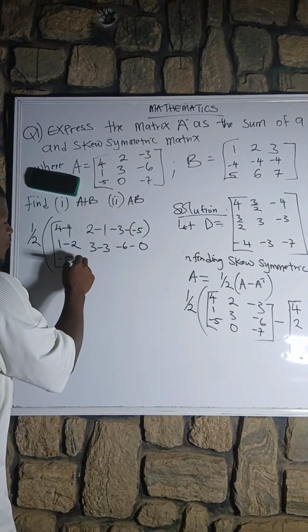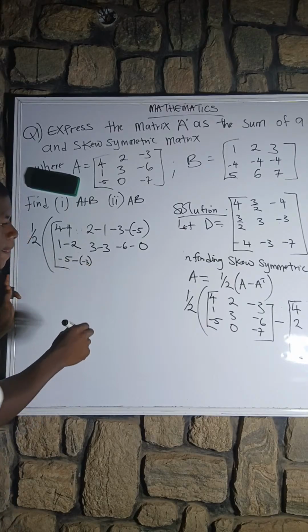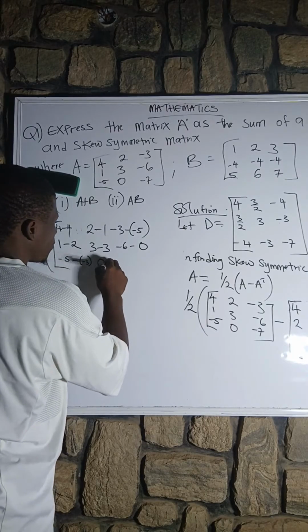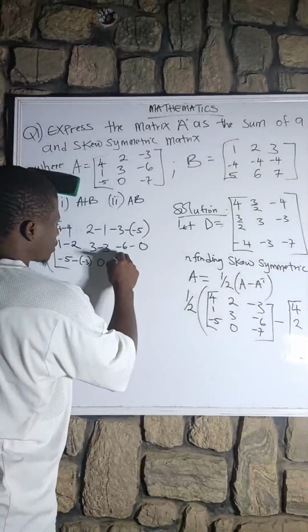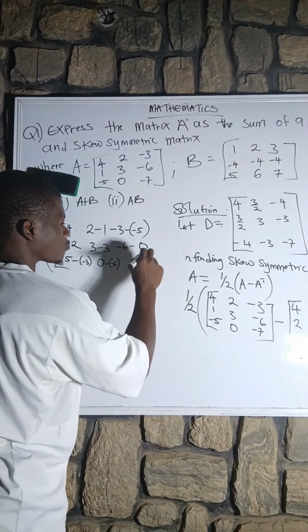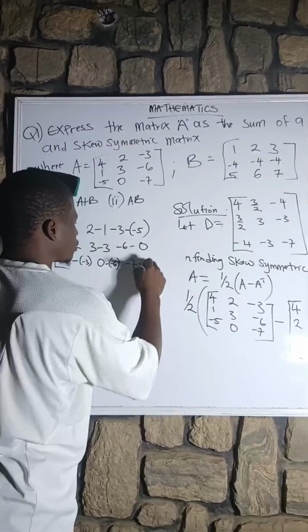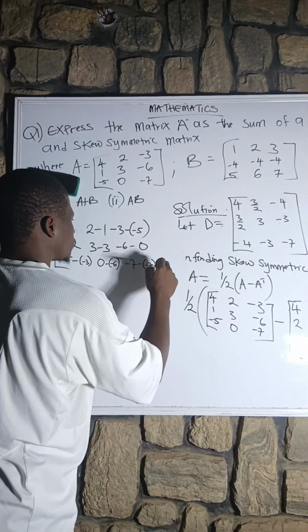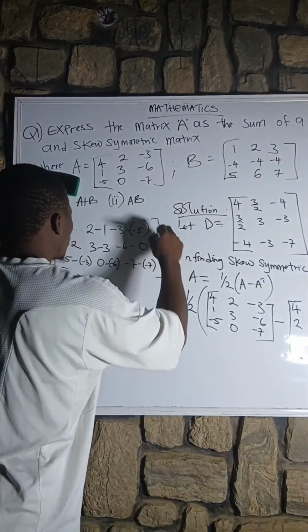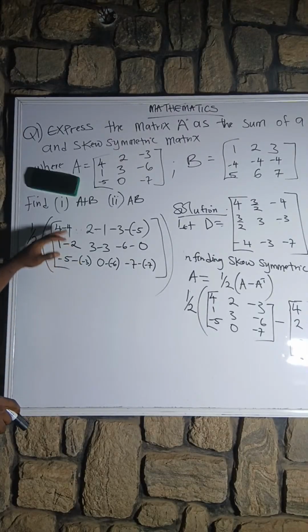Minus 5 minus 3, 0 minus 6, and minus 7 minus 7. Close your matrix.